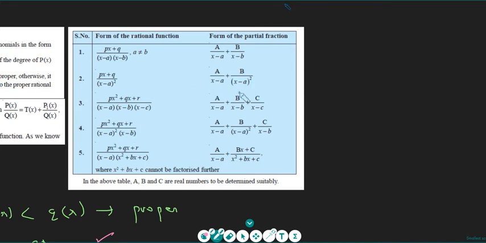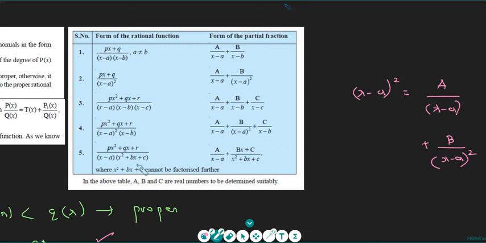If it is x minus a all squared, you give one constant without the degree, A divided by x minus a, and then one with the highest degree, B divided by x minus a all squared. Then for the remaining term we give one more constant, capital C divided by x minus b.